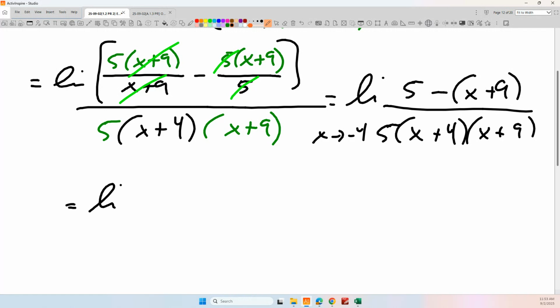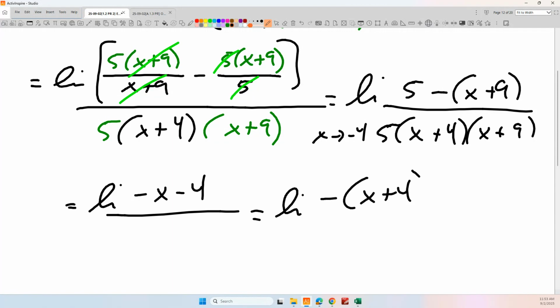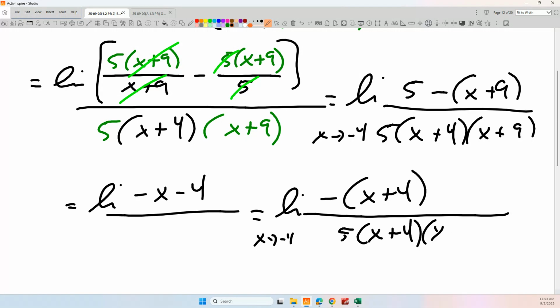I get the limit of negative x minus 4 over the bottom. I could factor out a negative, right? Which is the same as the limit of negative the quantity x plus 4. On the bottom, I've got all that stuff: 5 times the quantity x plus 4 times the quantity x plus 9.